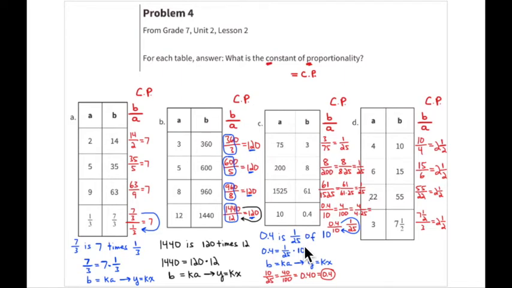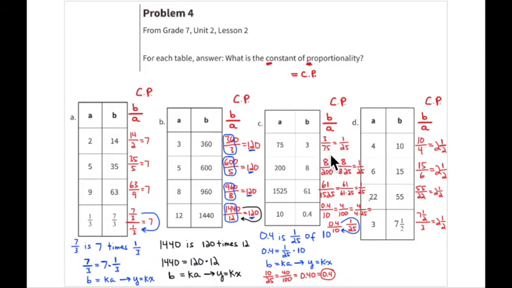Next one, a little bit harder, because now you're making the B value, which is the answer, B is equal to K times A. This is smaller, so you have to multiply each of the A values by a fraction to make them smaller. Well, what is that fraction? It is 1/25.